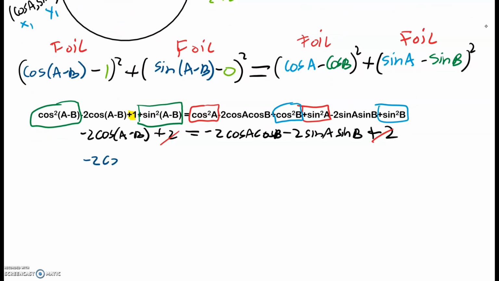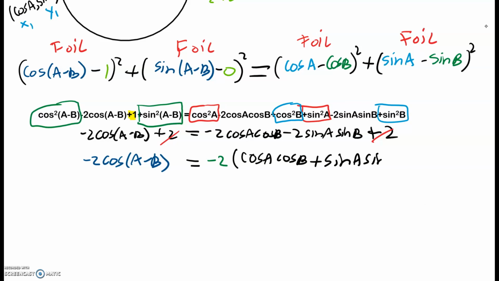I'm left with negative 2 cosine of A minus B is equal to, if I factor out a negative 2 over here, negative 2 times cosine A cosine B plus sine A sine B. So this 2 is going to cancel with that 2.